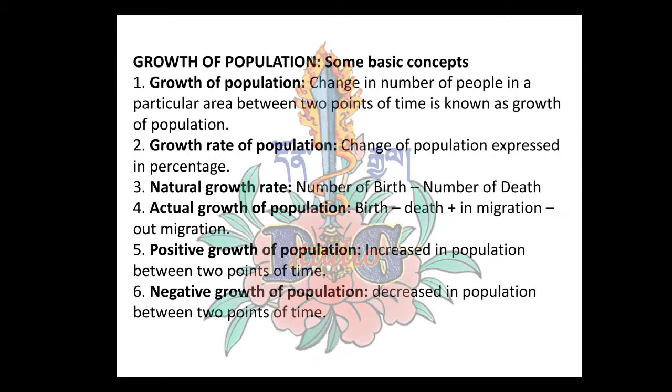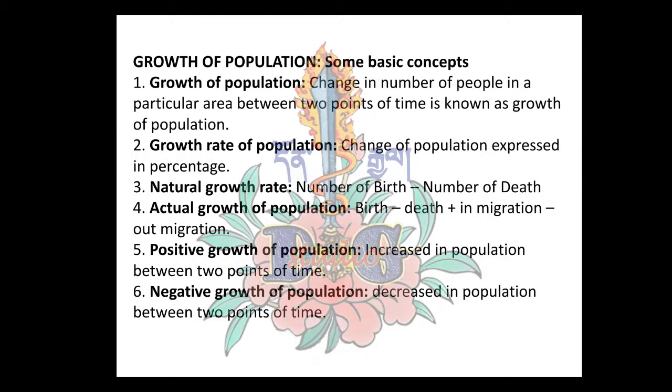Natural growth of population means the number of births in a particular country minus the number of deaths. That is called natural growth of population. And the fourth one is the actual growth of population.